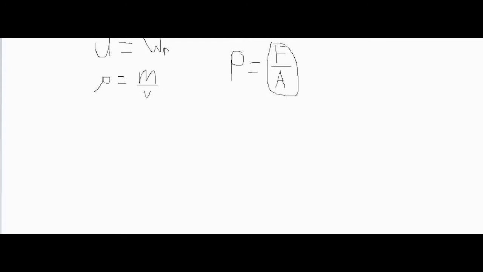So we'll rewrite our formula. P equals F over A, and then we will start changing the formula so as to apply to hydrostatics. The first thing we want to do is look at force. Remember that weight itself is a force.